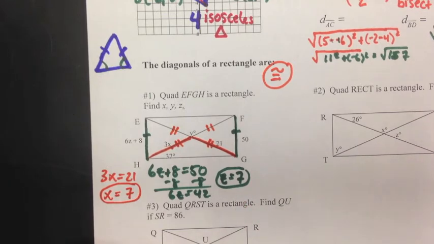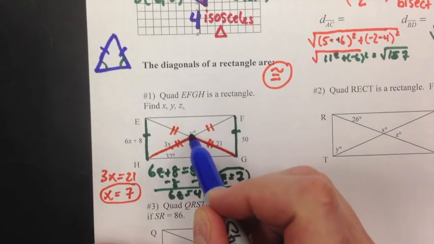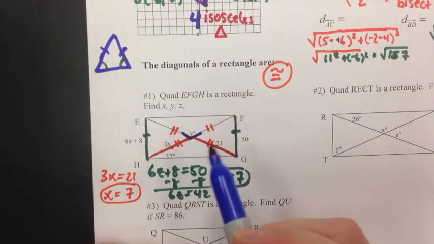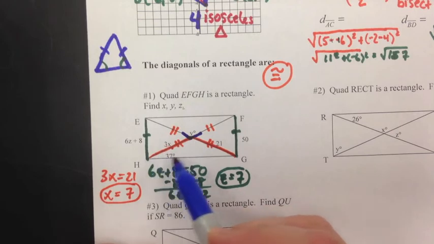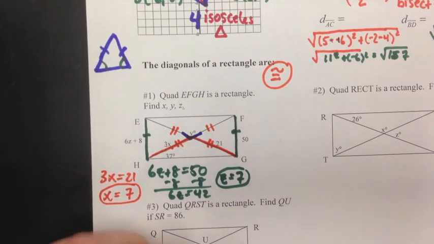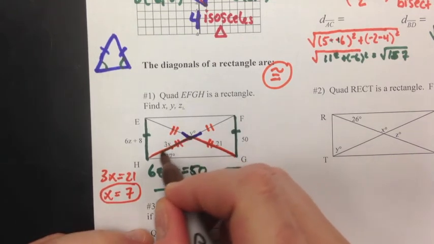Now the last one here, we've got to find y. Now let's see, y is an angle measure here. The 37 is down here in this triangle. Let me go ahead and label this triangle.